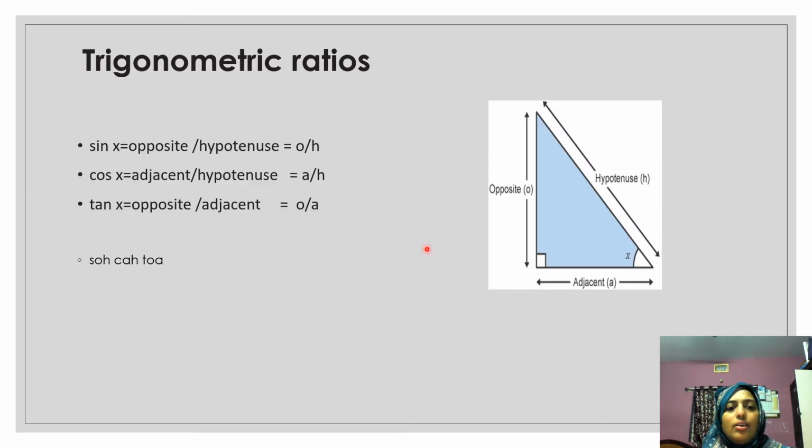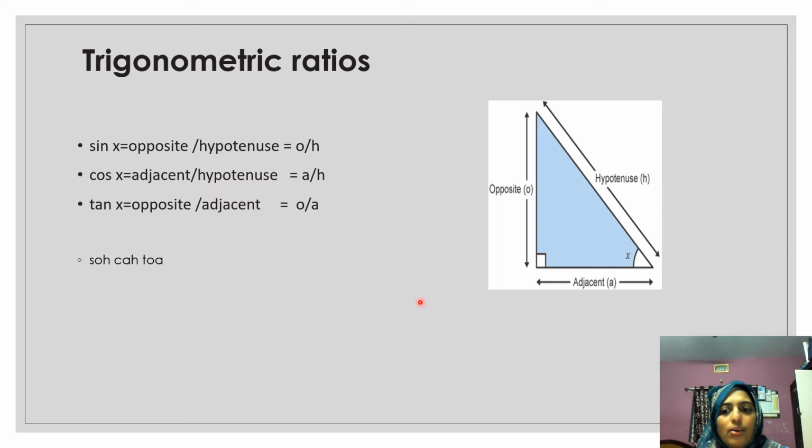Now we'll look into the trigonometric ratios. The first three trigonometric ratios we have are sine, cosine and tangent. So sine x with respect to x is the ratio of opposite side by hypotenuse, and cosine x is the adjacent side by hypotenuse, and tangent x is the opposite side by adjacent side.